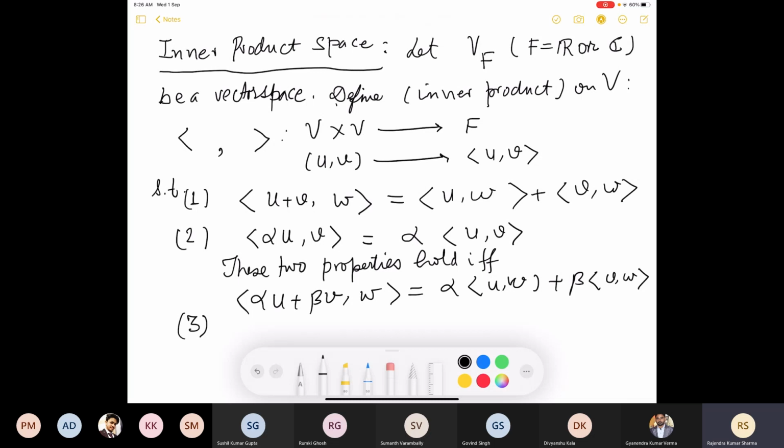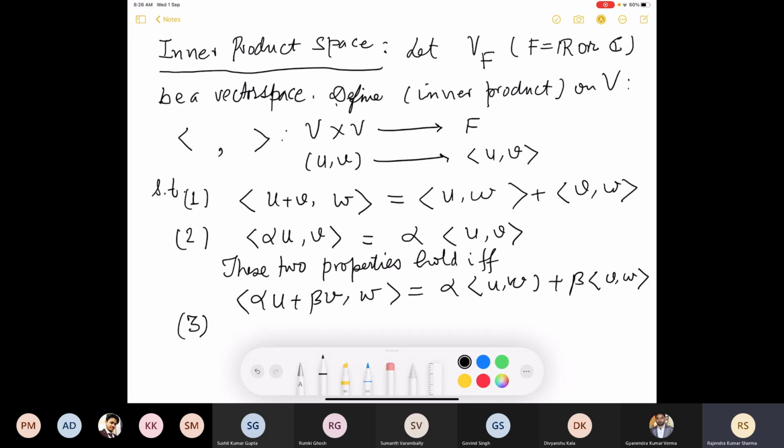However, if this field is the field of complex numbers, then u comma v becomes a complex number. So when you interchange u and v, then this is v comma u. So u comma v and v comma u may not be the same because it's a complex number.